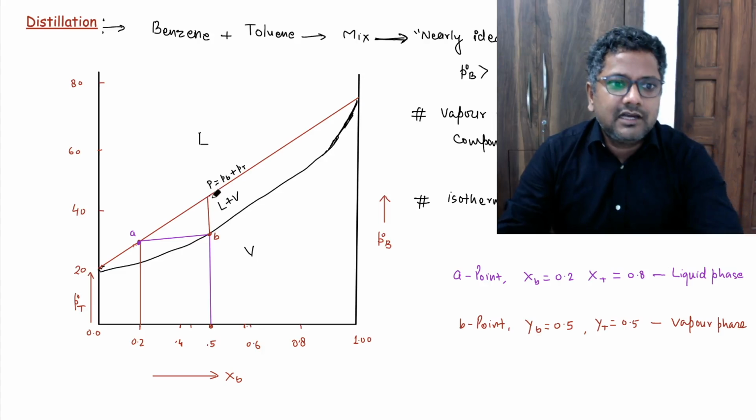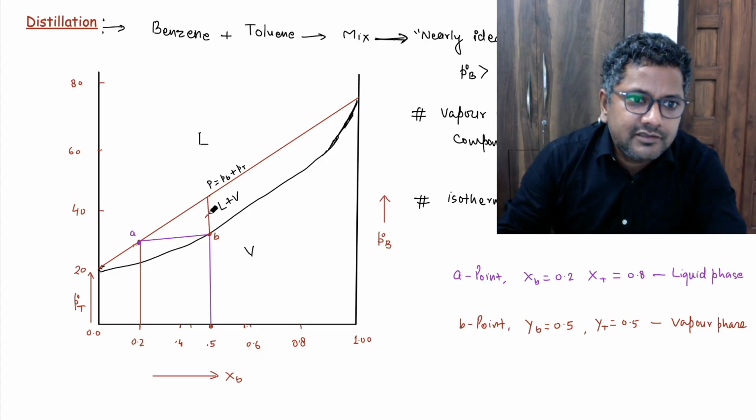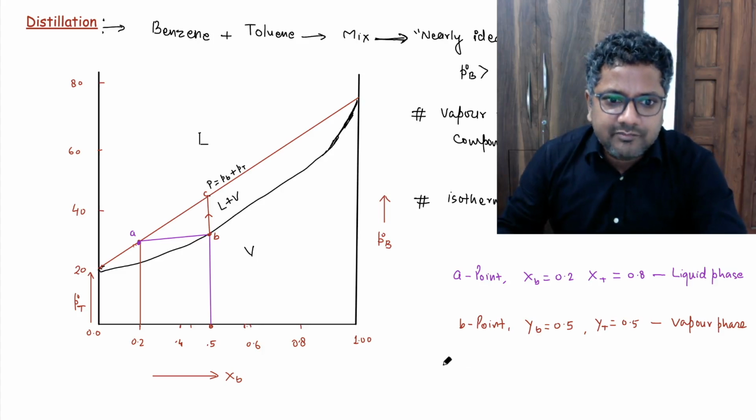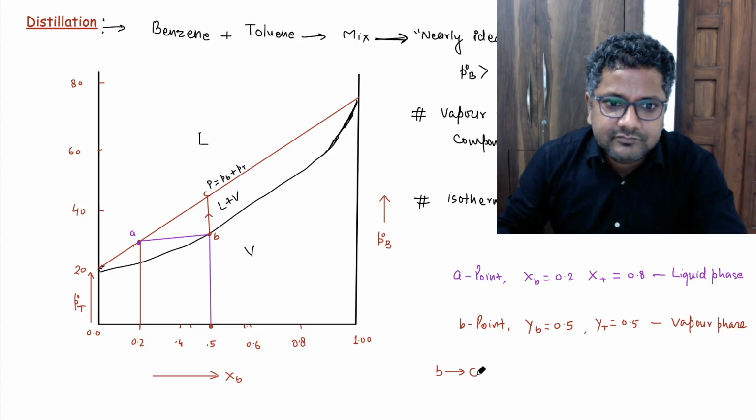Okay. Now I am extending this line like this, moving from B to C. So what is the meaning of B to C? B to C represents the condensation.